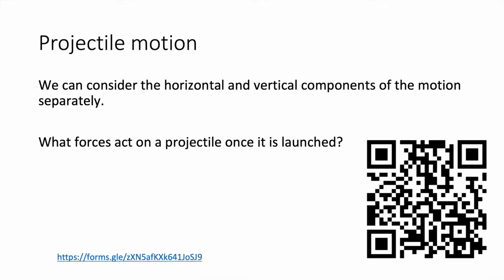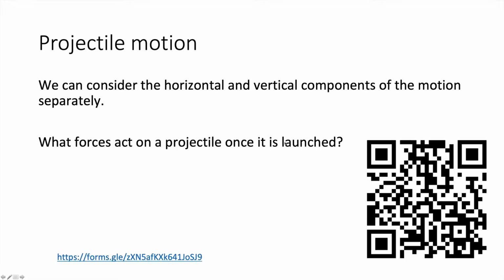Now, one thing that we can describe using these kinematic equations is projectile motion. So projectile motion is when we throw an object like a ball, it experiences the gravitational force. So with projectile motion, we can consider the horizontal and vertical components of the motion separately. So what forces act on the projectile once it has launched?